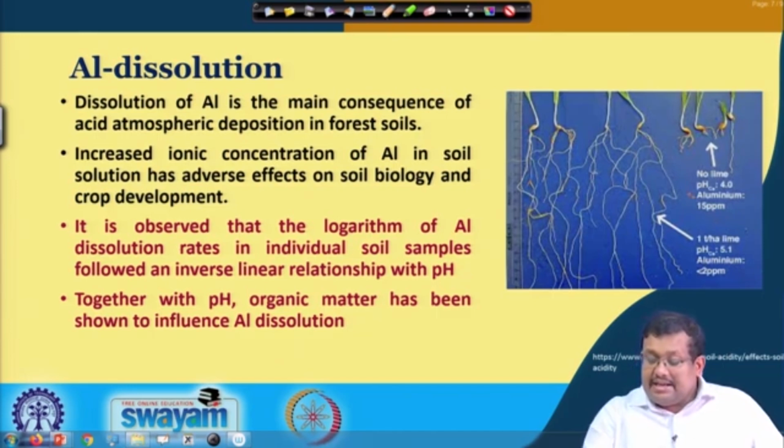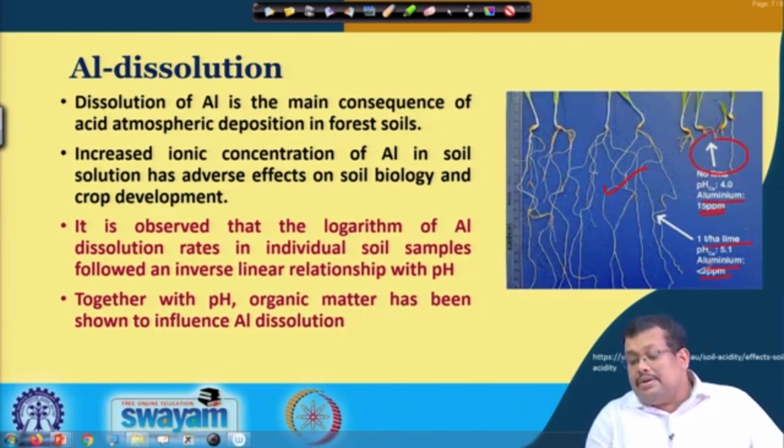This picture can give you a better idea about the ill effects of aluminum concentration in the soil solution. As you can see here, these are the roots which are grown with an aluminum concentration of less than 2 ppm, whereas here the aluminum is 15 ppm. Here the difference is that in this case we are applying 1 ton per hectare lime, and here we are not applying lime to neutralize the acidity.